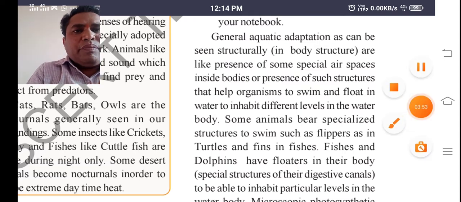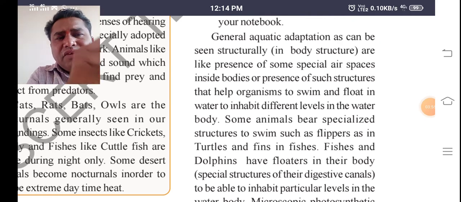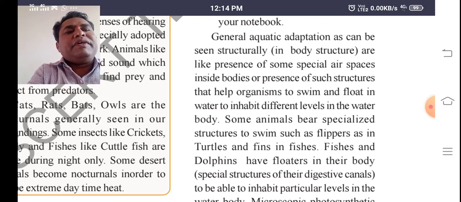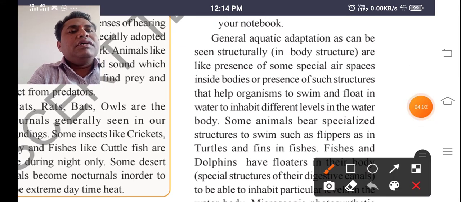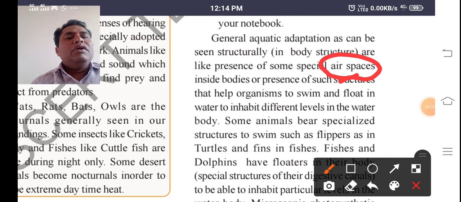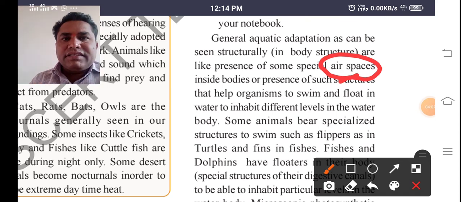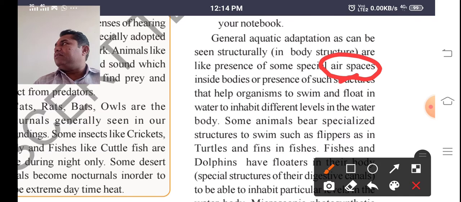The main adaptation in water animals and water plants is that they have air spaces. When you take the plant cells of plants living in the water, or the animals living in the water, those cells are maximally filled with air. Why? Because aquatic animals or aquatic plants must float in water.